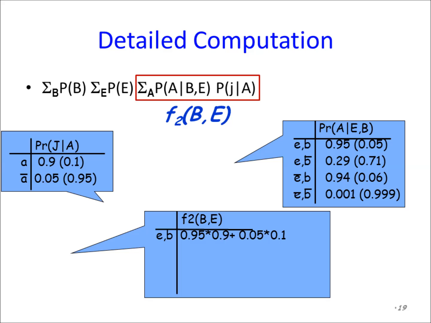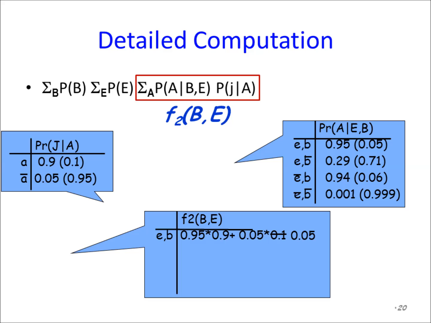I made a mistake. You guys got it right. So 0.95 times 0.9 plus 0.05 times 0.05.